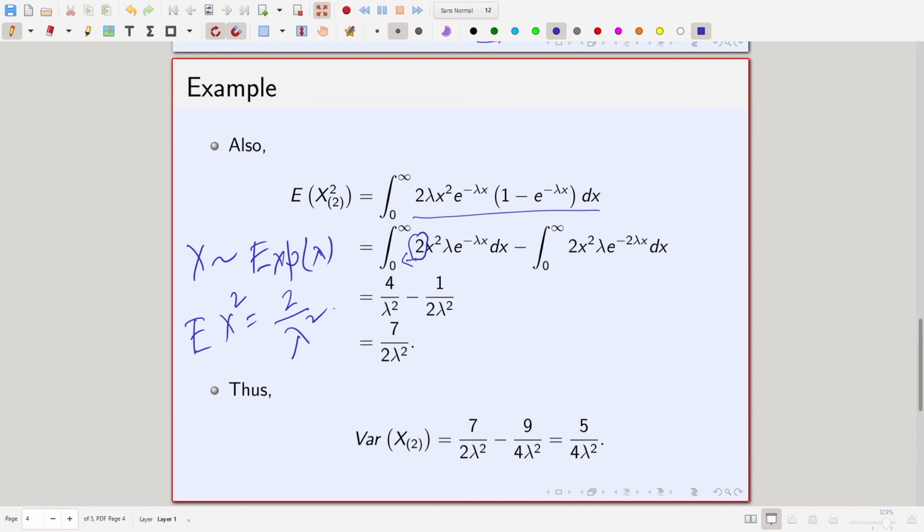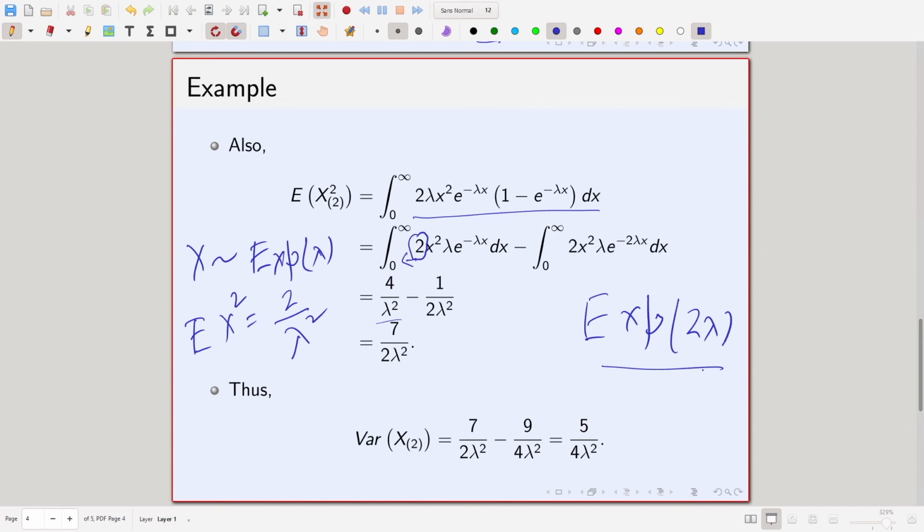So this is just expectation of x square where x is exponential lambda. That will give you 2, this 2 is already there, 2 times 2 over lambda square, that gives you 4 over lambda square. And this is expectation of x square where x is exp 2 lambda. Now I look at this density, 2 lambda times e to the power minus 2 lambda x times x square. So now it is just expectation of x square where x has this distribution.